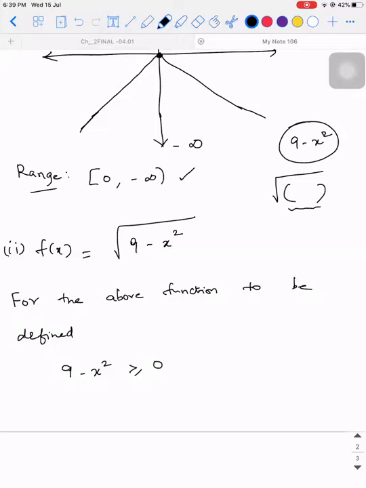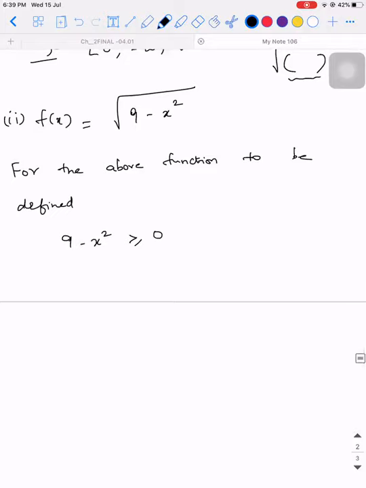Without a square root, it will be any real number. Whereas here there is a restriction coming, because of the square root. So 9 minus x square is greater than or equal to 0.